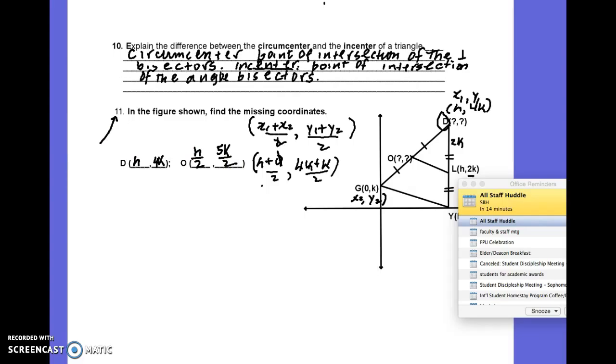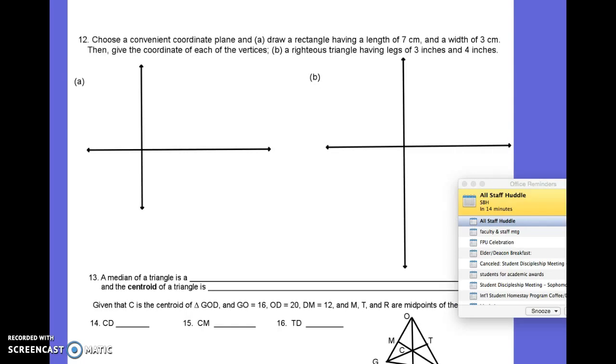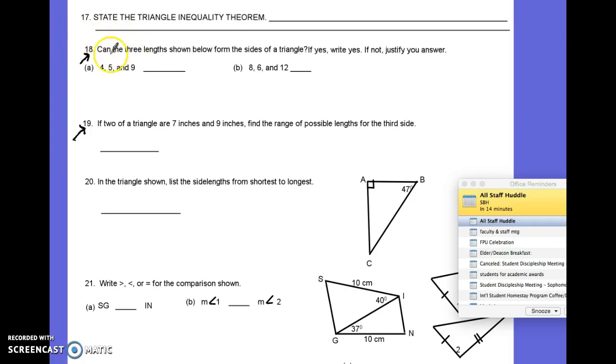And let's see. I think there's another one I'd like to go over with you. Maybe at the very back. Yeah, let's go over these. First of all, the triangle inequality theorem. Does anybody remember that? Maybe not. Again, it's been a couple of weeks.